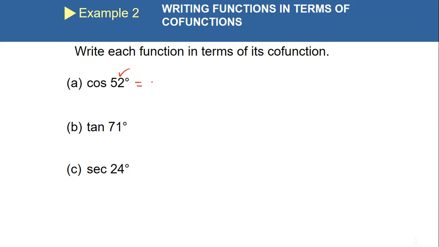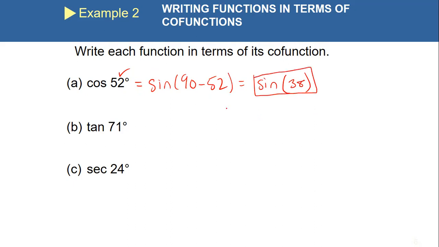So the co-function here is going to be sine of 90 minus 52, which equals sine of, what's 90 minus 52? 38. And that's it. So what it's saying is if you were to type cosine of 52 in the calculator and sine of 38 in the calculator, their answers would be the same.